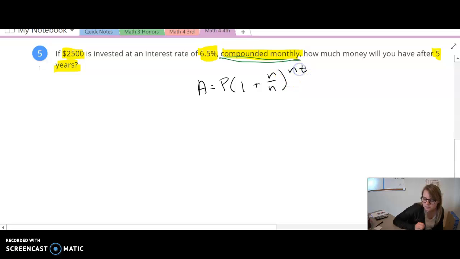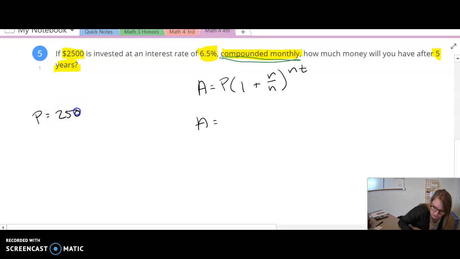Okay? So now let's identify these variables. We need to identify the amount of money after 5 years. That tells me that A is our unknown and P is our principal amount, or the initial amount.